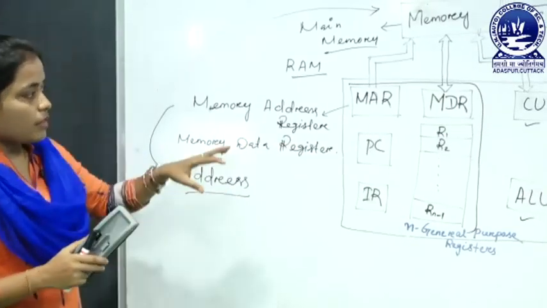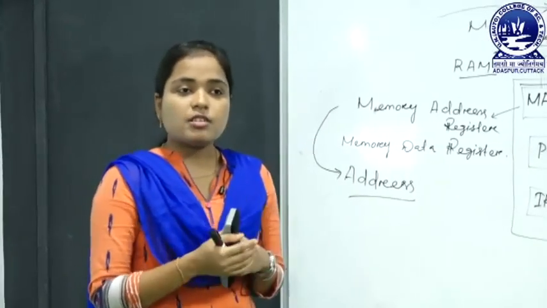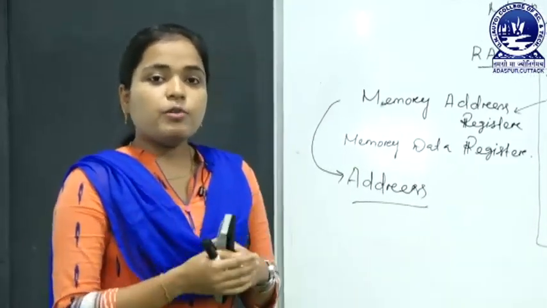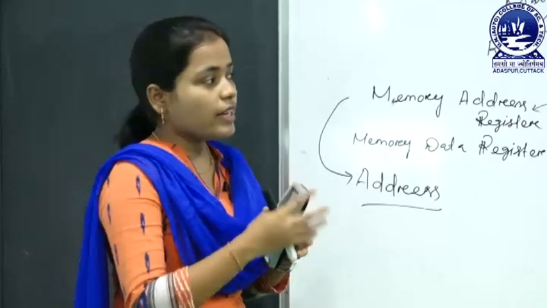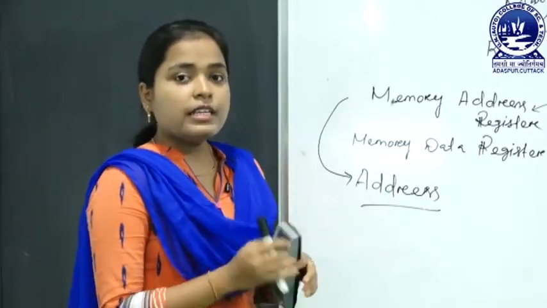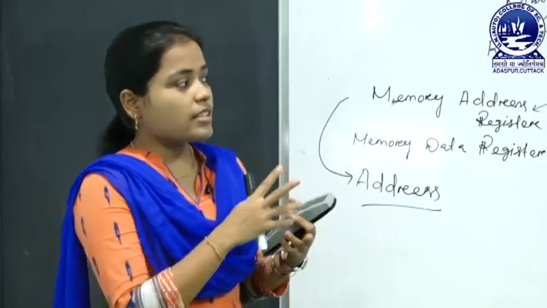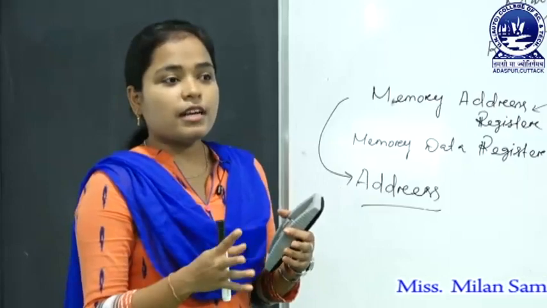Because when we input something into the computer system, we give the input as a complete program, but when the processor processes that program, it executes it instruction by instruction. The processor cannot execute the whole program at once.